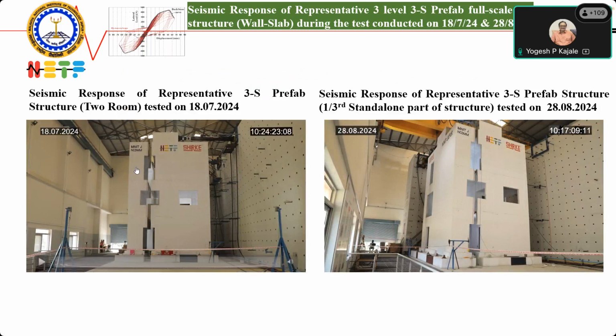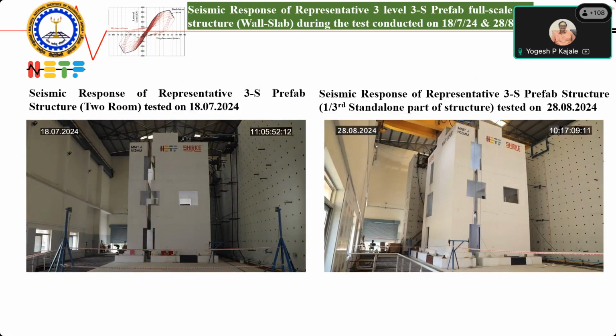On the left side, you see that the same structure was cut vertically, and the 2-room structure was again subjected to load. This time, the displacement was a little bit higher than the earlier structure.